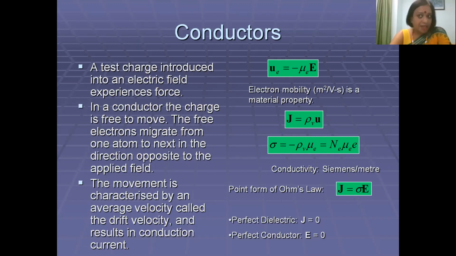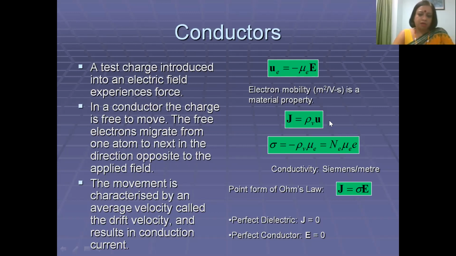So in that kind of situation, you would have to compute the electric field distribution within the conductor. You would be able to compute the current density within the conductor, and it depends on whether it is necessary or not. So even when we are talking about conductors, we need to know how to frame the partial differential equation.